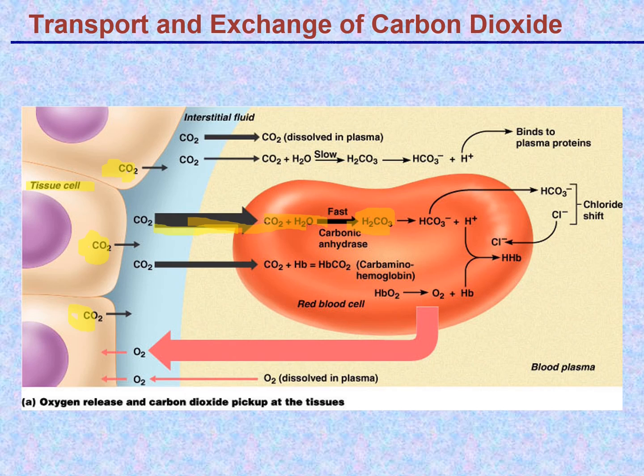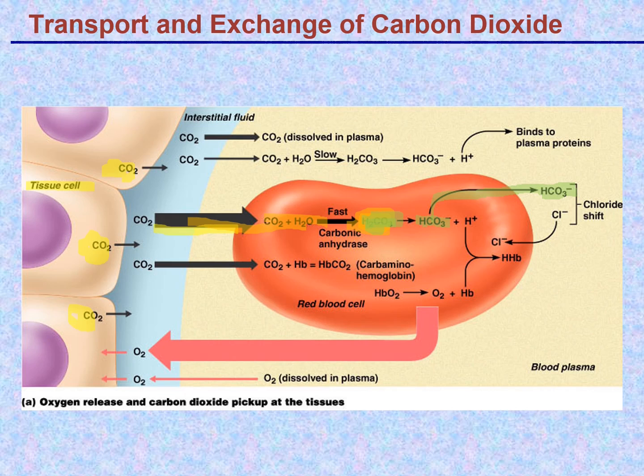I'm going to change color. Carbonic acid then dissociates into bicarbonate, and the bicarbonate will move out of the cell and into the plasma. And that's why we said that 70% of CO2 is carried as bicarbonate in the plasma.